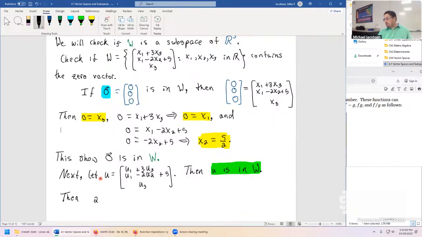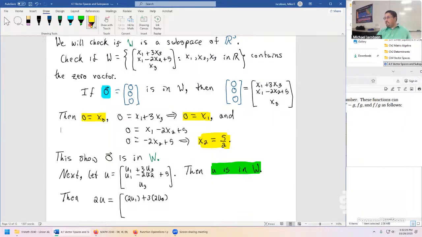Then 2 times U is going to be equal to, scaling by 2 is just going to multiply all 3 rows by 2. Distributive law is going to give us 2U1. I'm going to associate in this particular way. Sure, it's going to be 6U3, but we can rewrite that as 3 times 2U3.